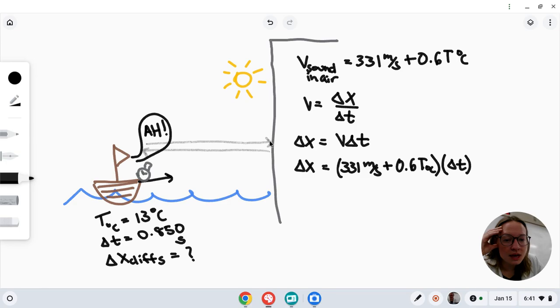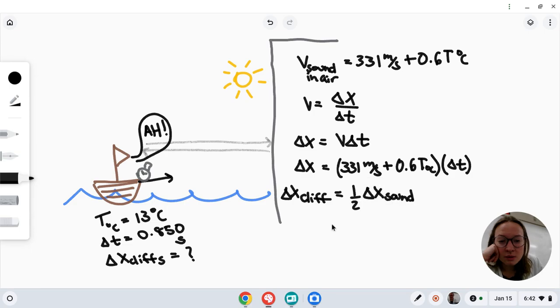In other words, he wants to know the distance to the cliffs, which is only half the distance that his sound wave travels, because his sound wave travels to the cliffs, then reflects back off of them and travels back to him. So the distance that Benny wants to know, delta x to the cliffs, is going to be equal to 1/2 of the distance that the sound travels.